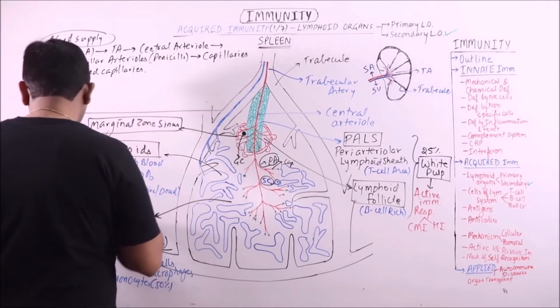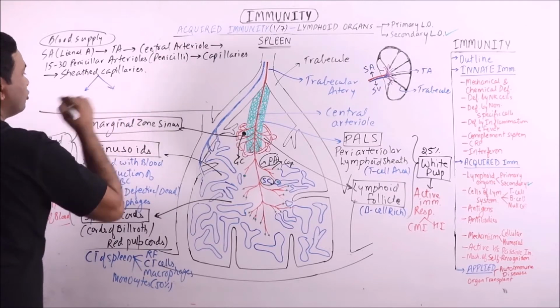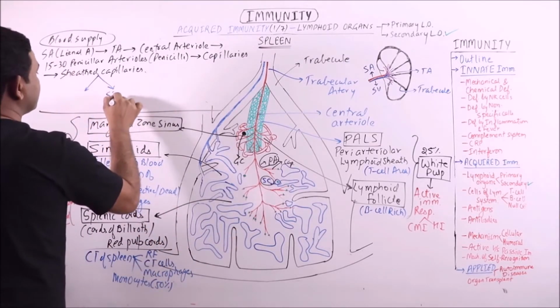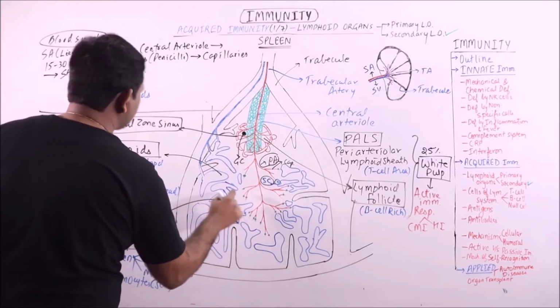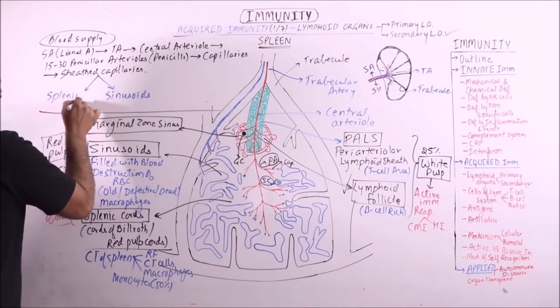These sheathed capillaries will open in two areas, either directly into the sinusoids or into the cords of Billroth, that is, the splenic cords.